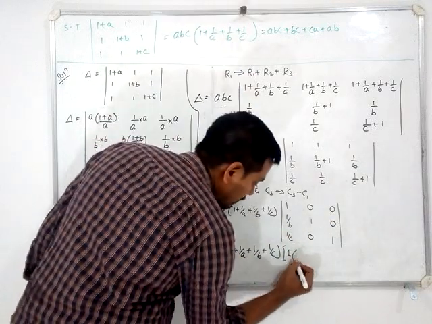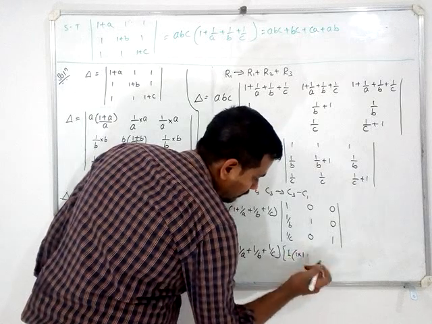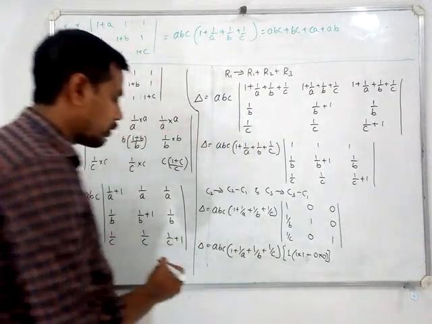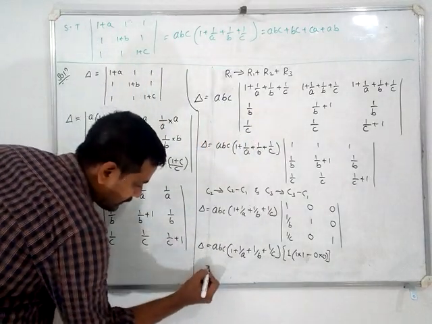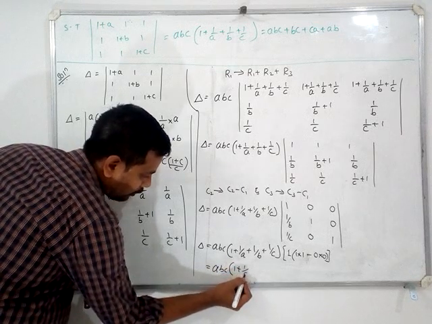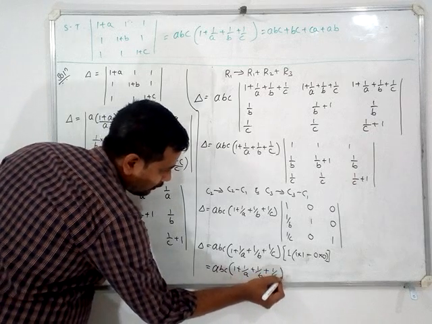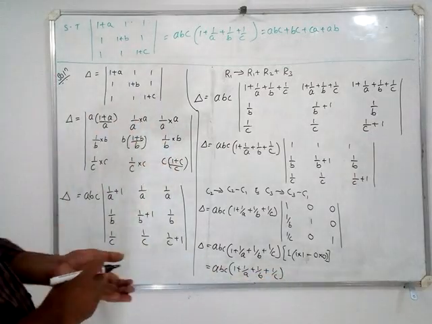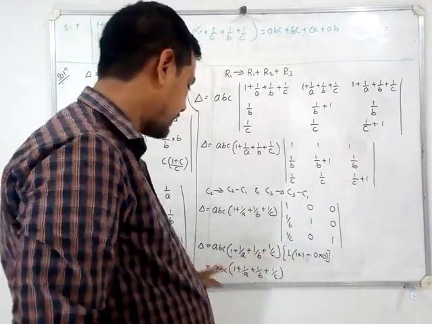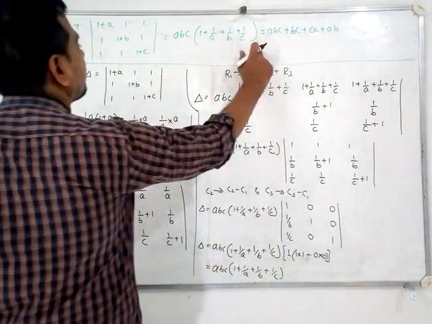Right? So what we get here is ABC into 1 plus 1 upon A plus 1 upon B plus 1 upon C. Because 1 into 1 is 1, 1 minus 0 is 1, so this entire thing becomes 1. So only this part remains. So we have proved this part here.